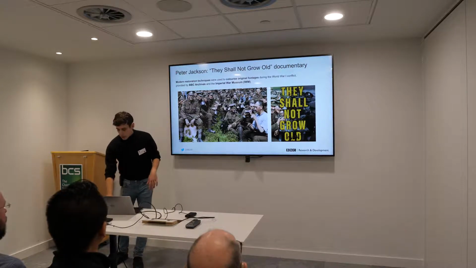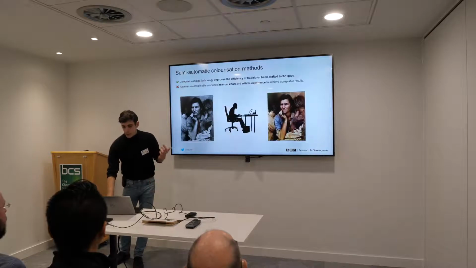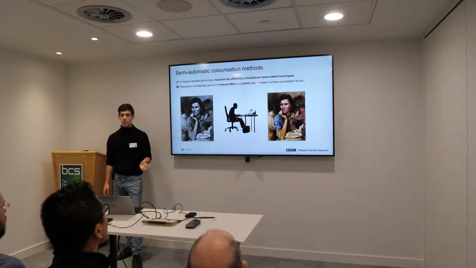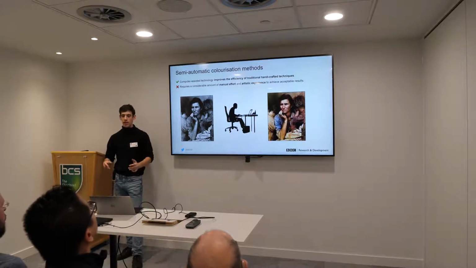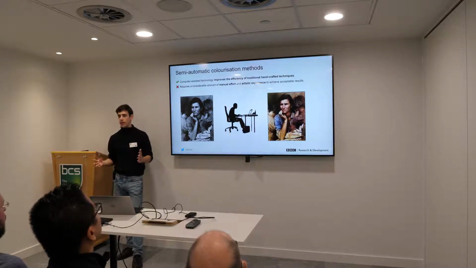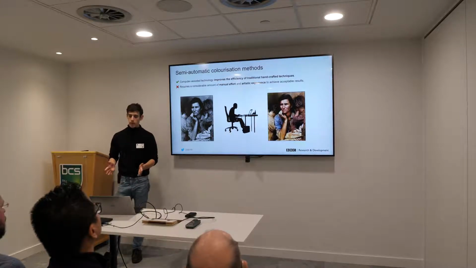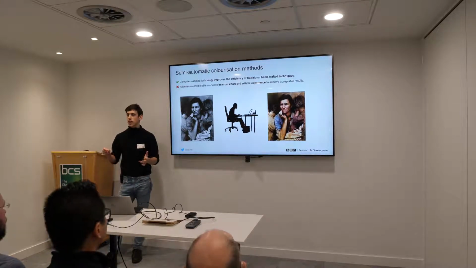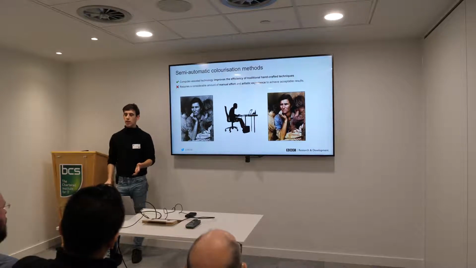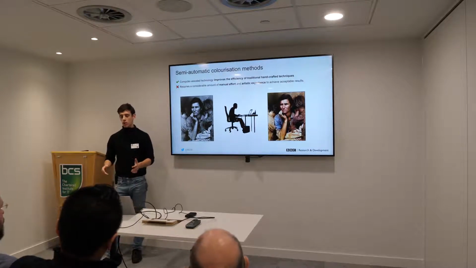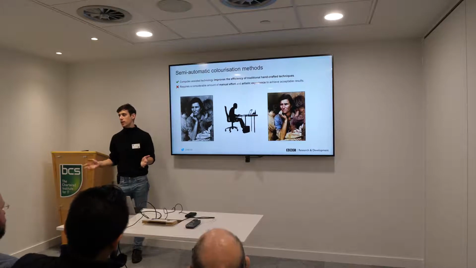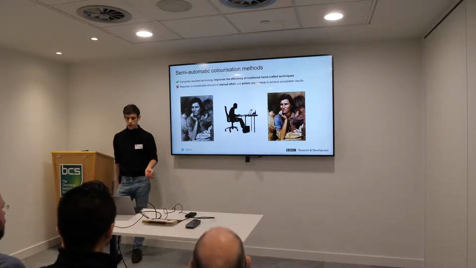Both examples used some semi-automatic colorization method, in which the computer mainly assists a user, but it needs a lot of intervention from the user and some artistic experience to get good results.